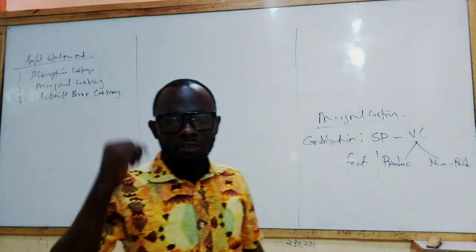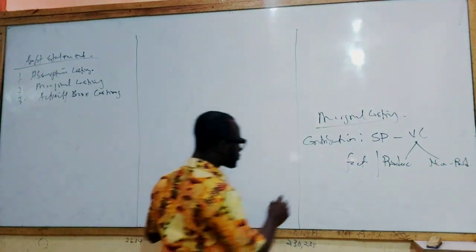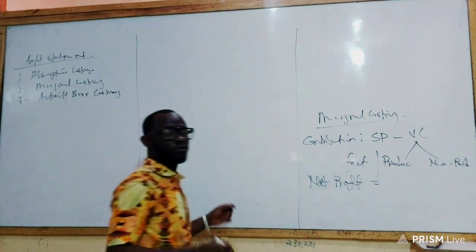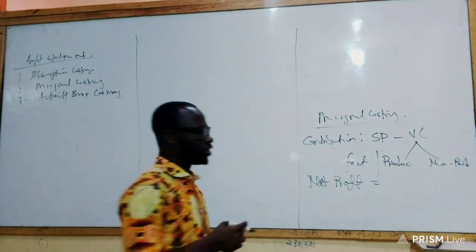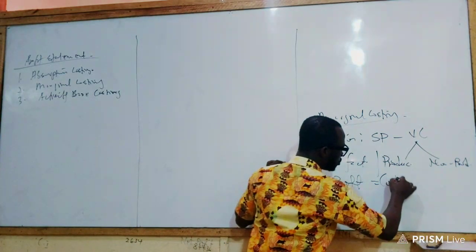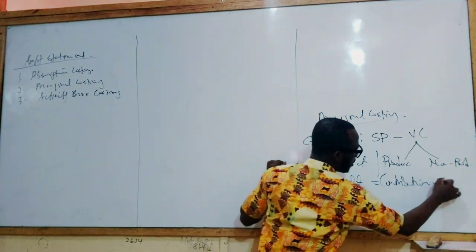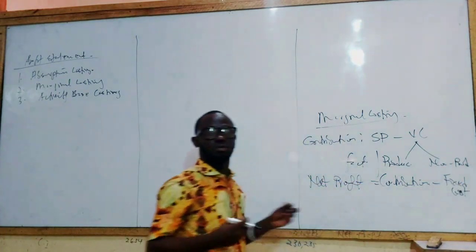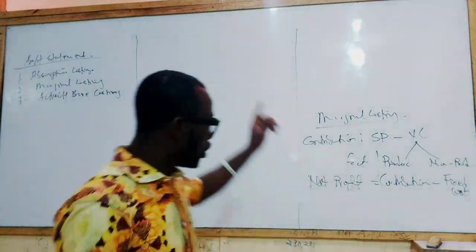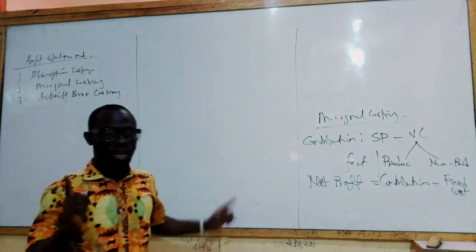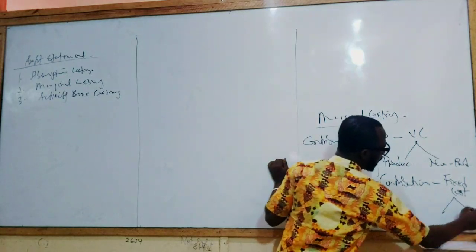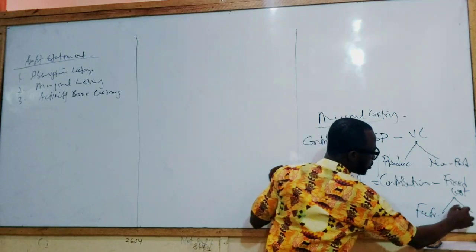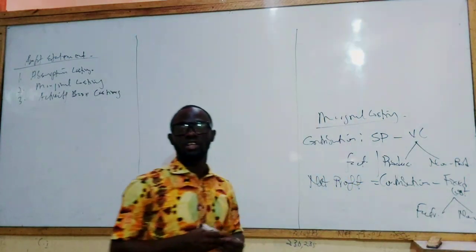Overheads. Now, after we get our contribution, the next level is net profit. So how do we get the net profit? The net profit is simply equal to the contribution minus all the fixed cost. Contribution minus fixed cost. So that is how we are going to get the net profit. Now remember, the fixed cost we are talking about here is both factory or production fixed cost and then the non-production fixed cost.